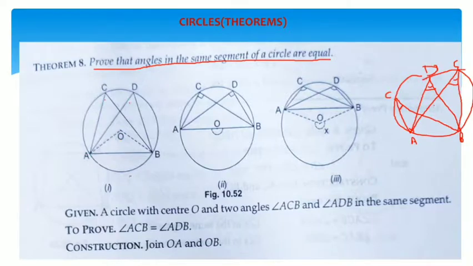So we will obtain OA and OC. Now this arc AB is subtending this angle at the center. Now we know that angle at the center is double the angle on the remaining part of circle.